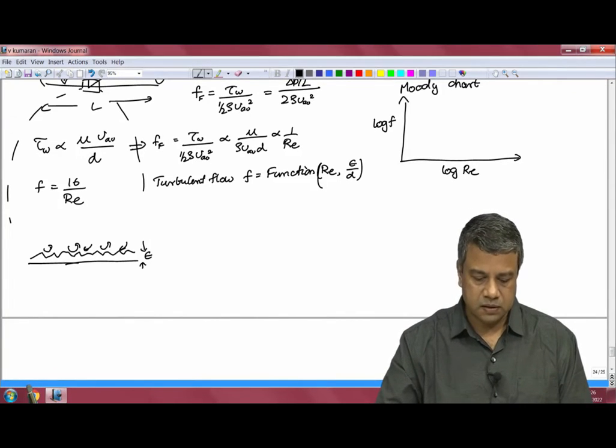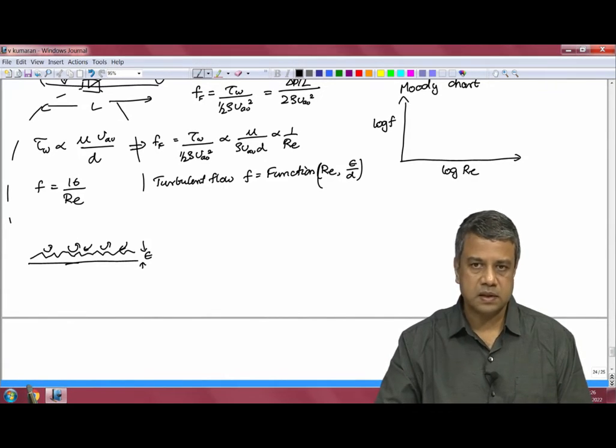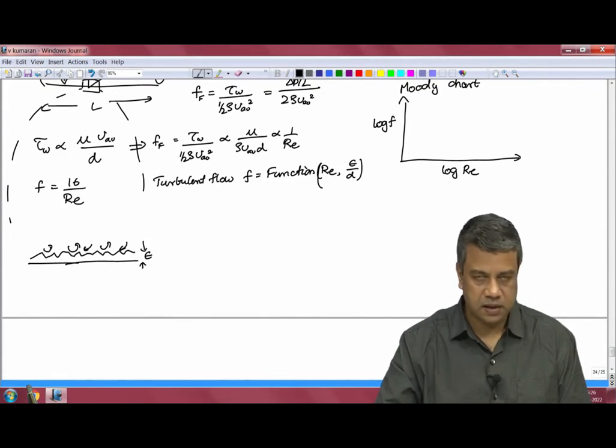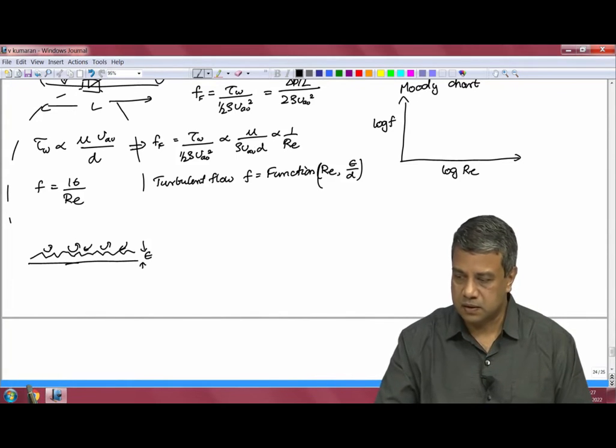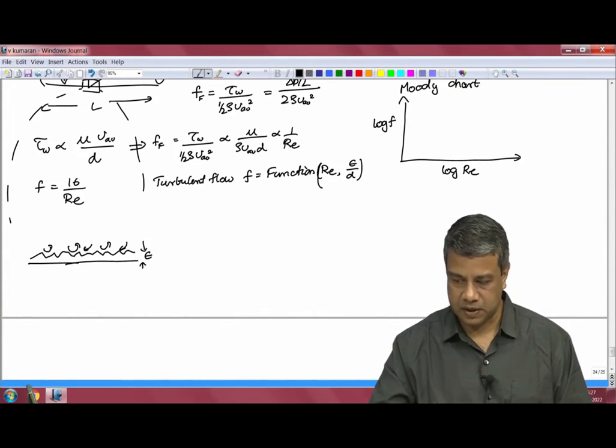I should note that in standard tables, the friction factor usually is the Darcy friction factor. In the Moody plot, usually the Darcy friction factor is what is used and not the Fanning friction factor, but here we will consider the Fanning friction factor for consistency.